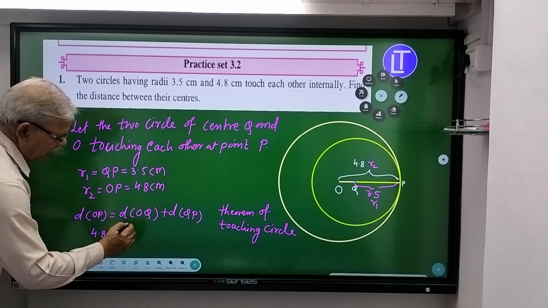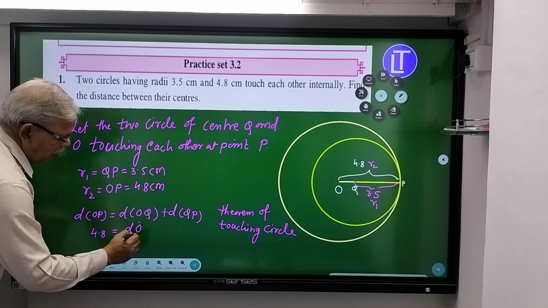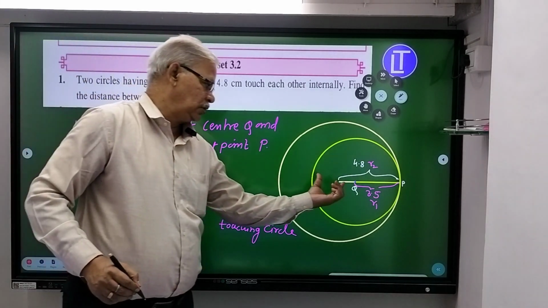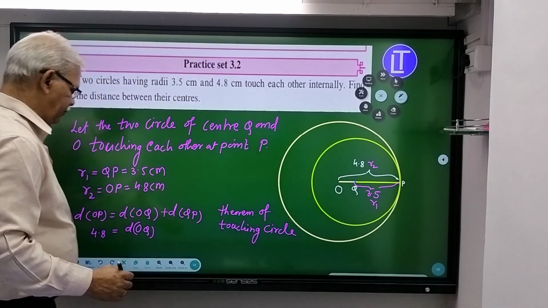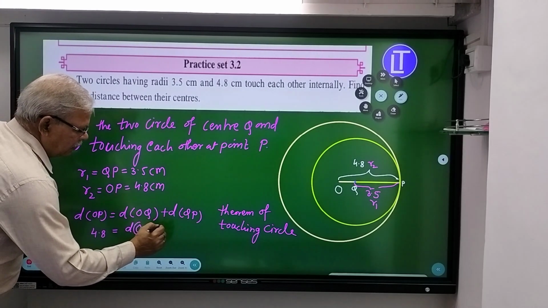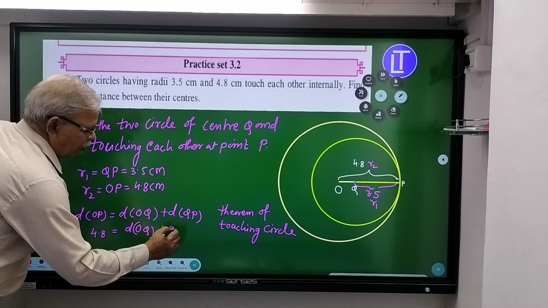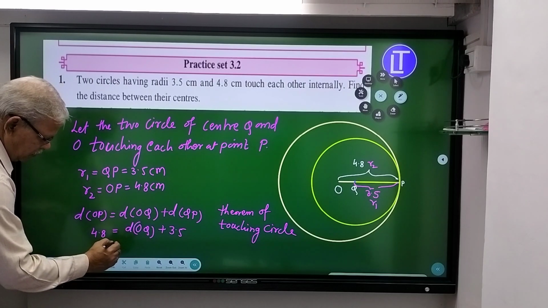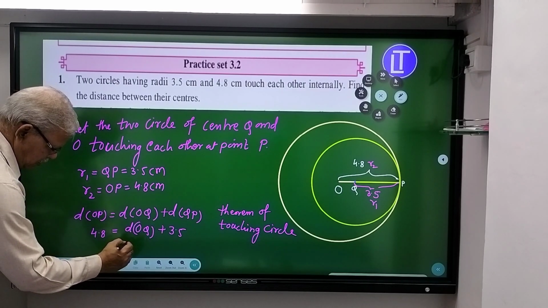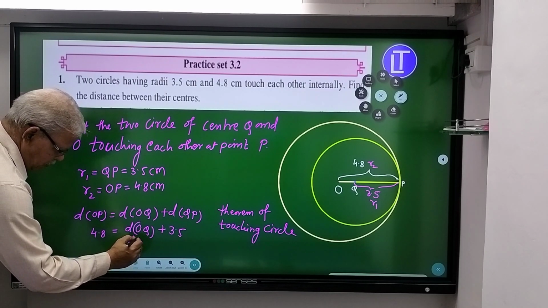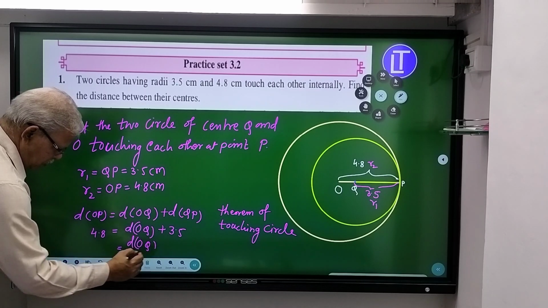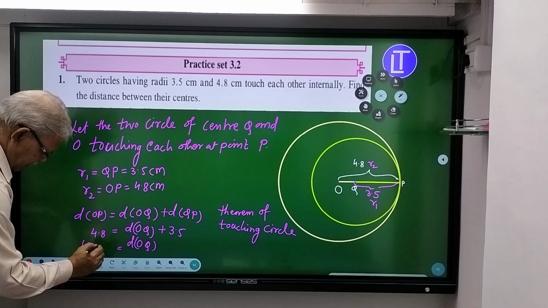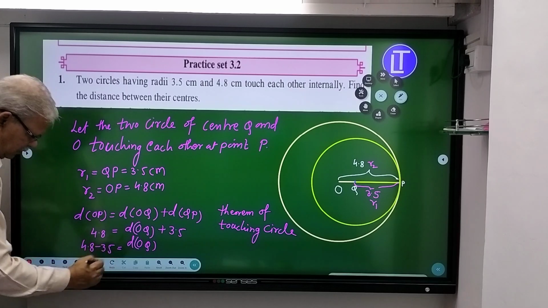Here you have to find OQ, the distance between the two circle centers, and QP is 3.5. Therefore distance OQ is equal to 4.8 minus 3.5.